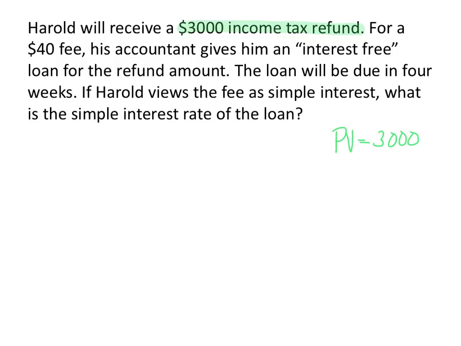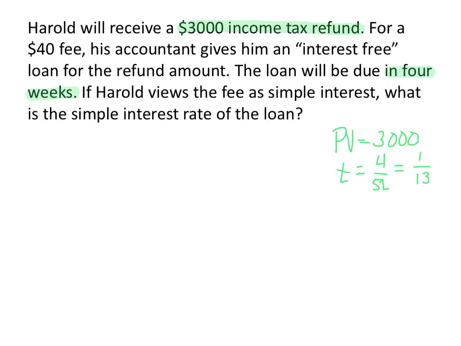The loan will be due in 4 weeks. So in 4 weeks, that's our time. But remember, since it's in weeks, and we always want time in years, that's 4 out of 52. So that's 1/13th if you want to use a simplified fraction. I do not suggest you use a decimal at this point. Go back to the problem.